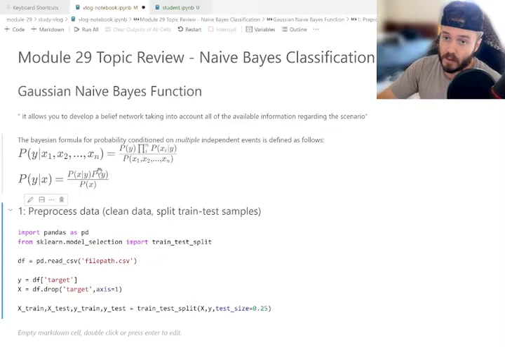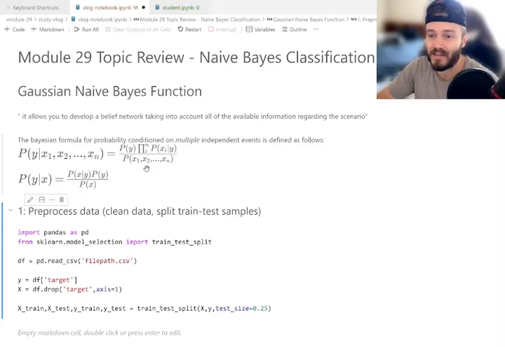So the difference being, now that we have multiple features represented by x, we're taking the probability that for whatever, like, man, Bayes logic drives me up the wall. But it's one of the most interesting things about all this. So you're taking the product of all of these independent events for x.